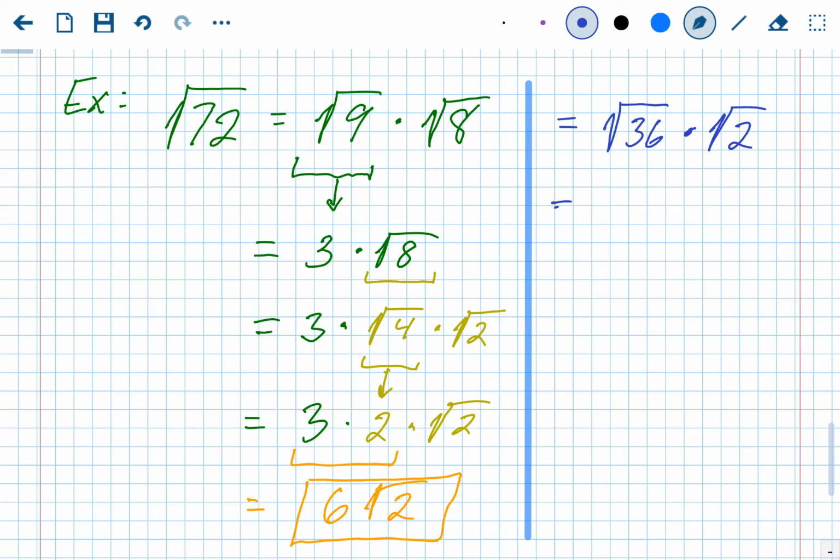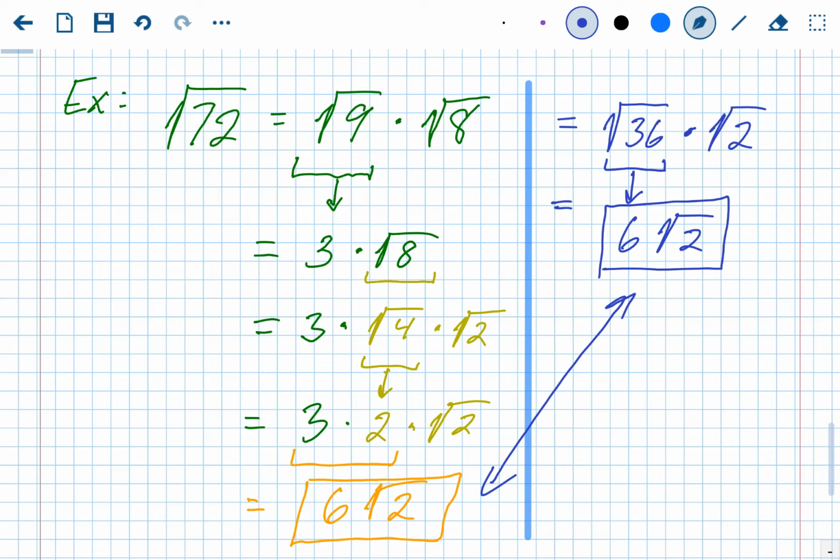So this one could have been a little easier if you had gone through more of the factors. The square root of 36 is 6, so you get 6 square root of 2. So you end up with the same answer. Again, one's a little more efficient, but even if you don't pick the best factor pair, you could still get down to the right answer. Both of these ended up with the same answer, just one with a couple fewer steps.